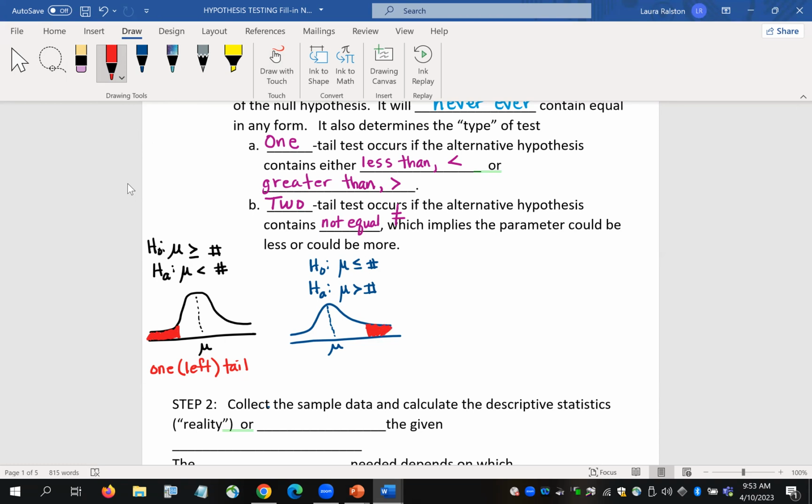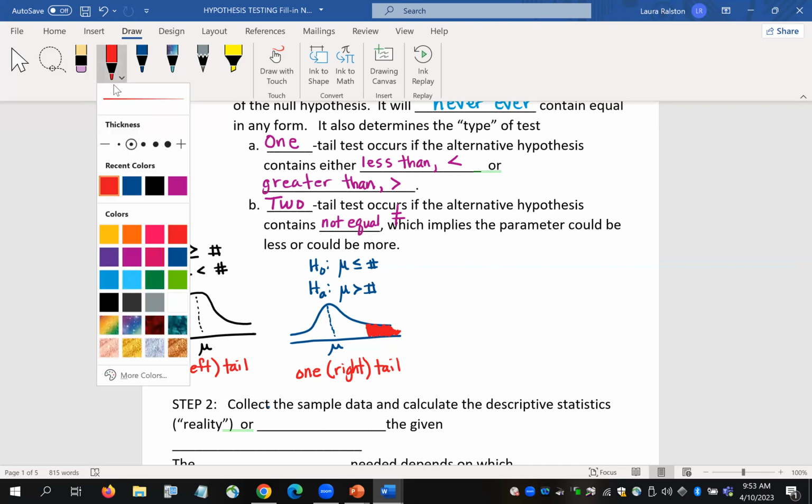But again, you only have that one option because the only option is that it could be greater. So this one is also a one-tailed test because you only have one region. It's also specifically called a right tail because the region is on the right. Different researchers are going to use different terminology, so I'm trying to make sure you're familiar with the various terminologies.